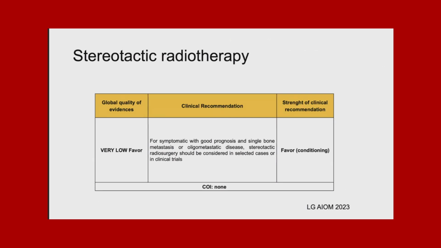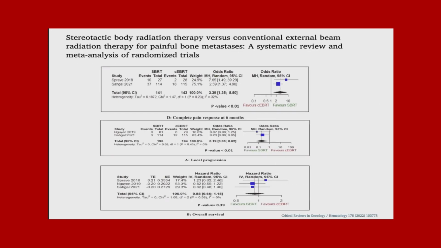Stereotactic radiotherapy is now also used for single or oligometastatic disease and should be considered in selected cases or in clinical trials. For example, there is a recent publication, a meta-analysis, in which the authors compared stereotactic body irradiation of bone with conventional external beam radiation.